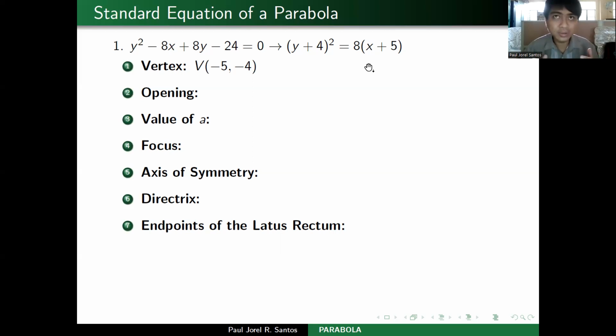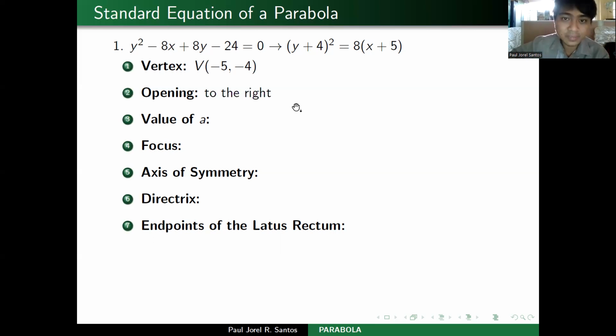How are we going to know if it is to the left? If 4a here is negative. But if it is positive, it opens to the right. Now, obviously, 4a here is 8, which is positive. Now, since 8 is positive, the parabola opens to the right.